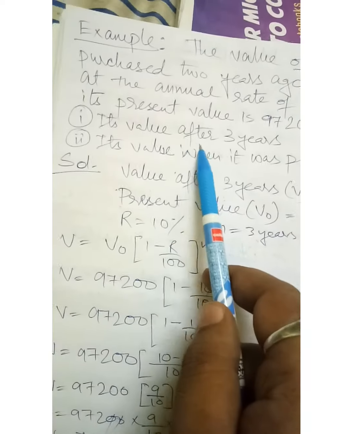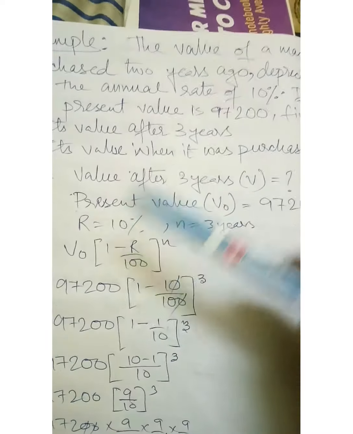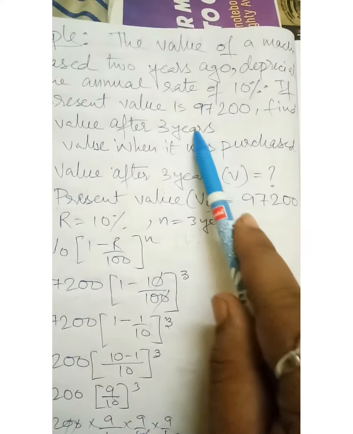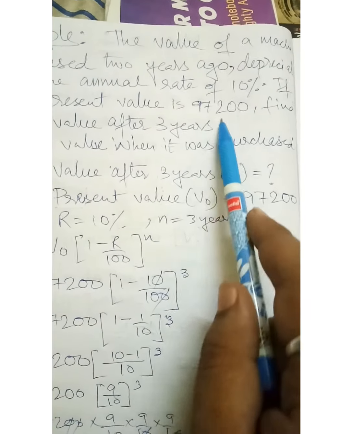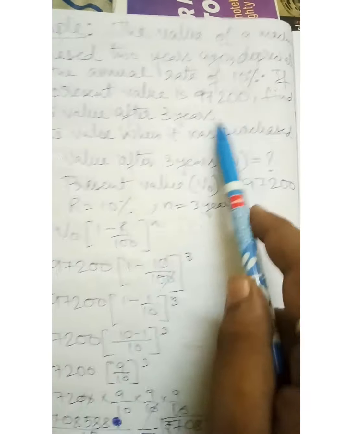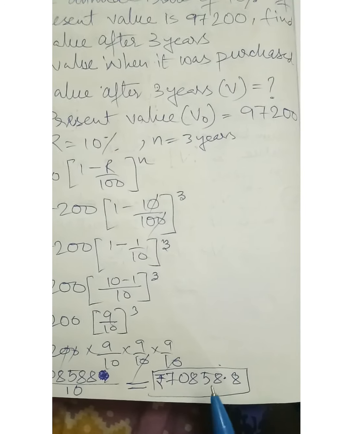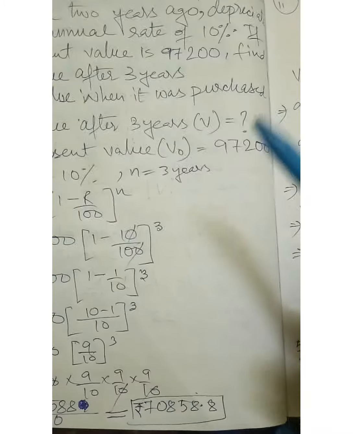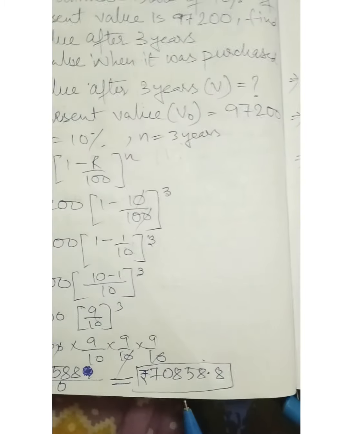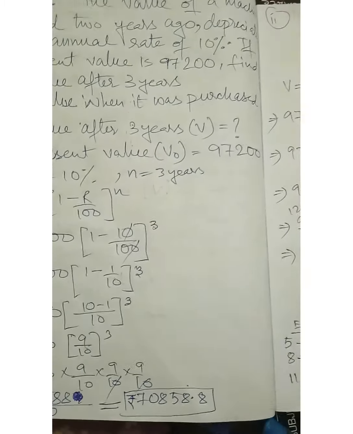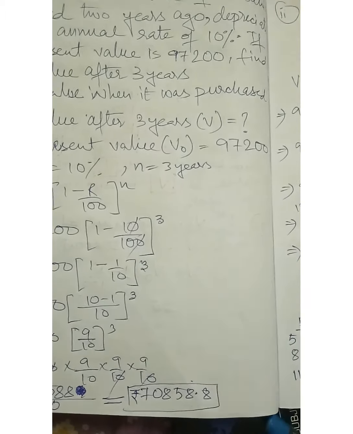In the first part they asked for the value after 3 years, and definitely after 3 years the value will be less than the present amount. It comes to 70,858. The value after 3 years is less than the present value.